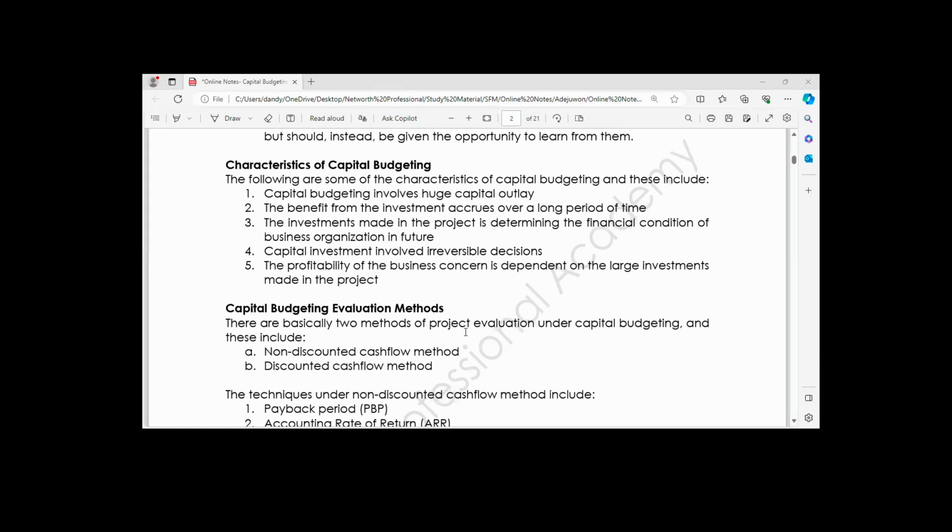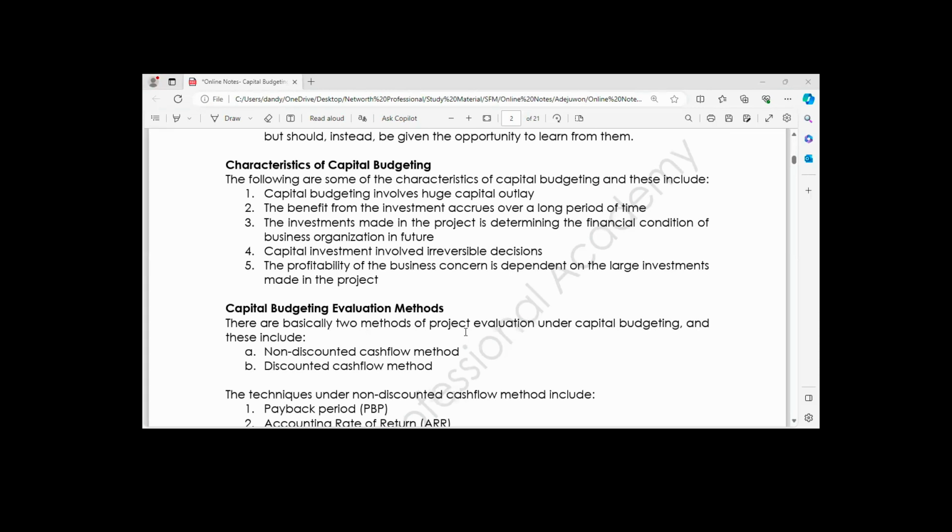Then what do you understand by the non-discounted cash flow method? The non-discounted cash flow method is also known as the traditional method of investment appraisal or conventional method. It is a method that does not take into consideration the timing of cash flow and the time value of money.